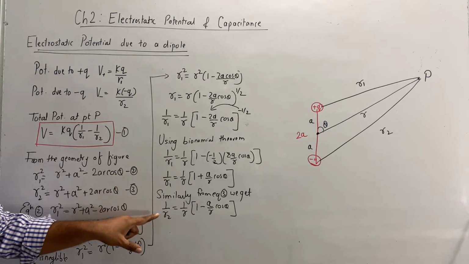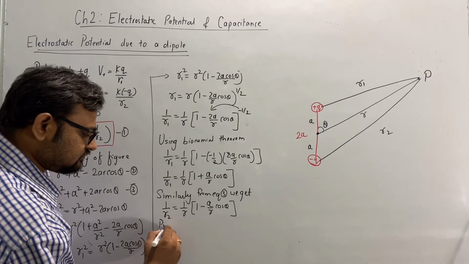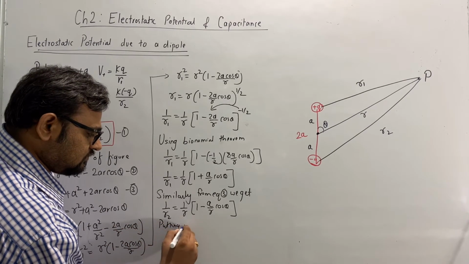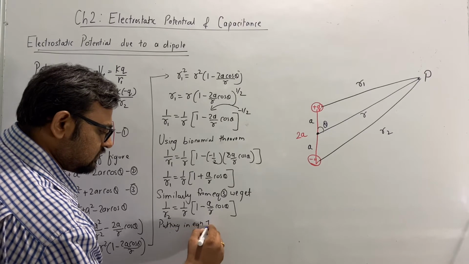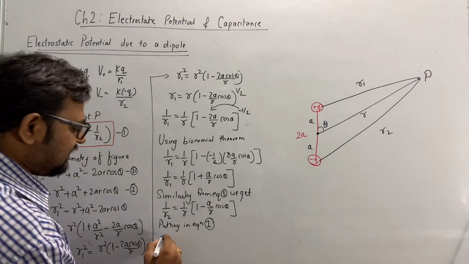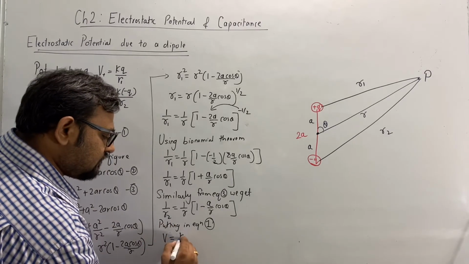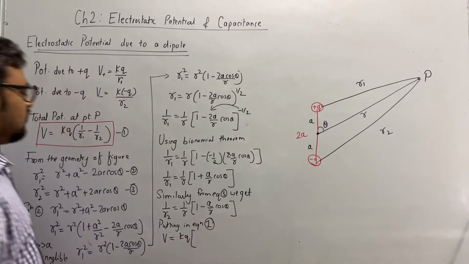Putting in equation 1, I am putting the value of 1 by r1 and 1 by r2 in equation 1. So I will get V equal to KQ, 1 by r1 minus 1 by r2, which means I will subtract these two.